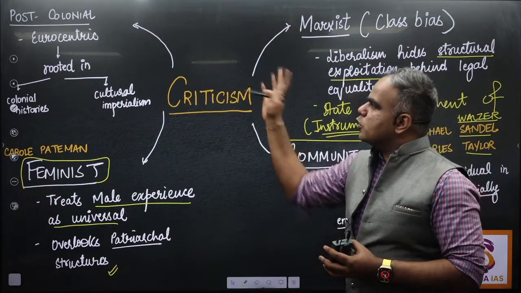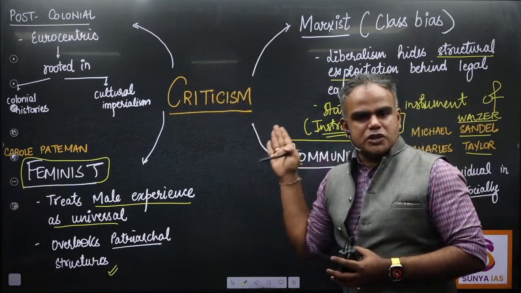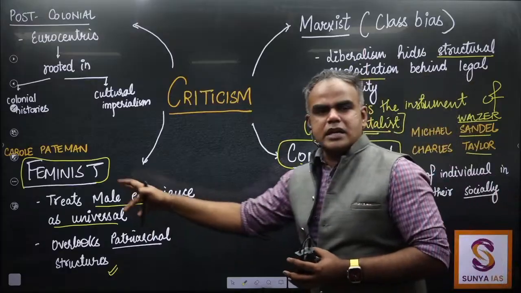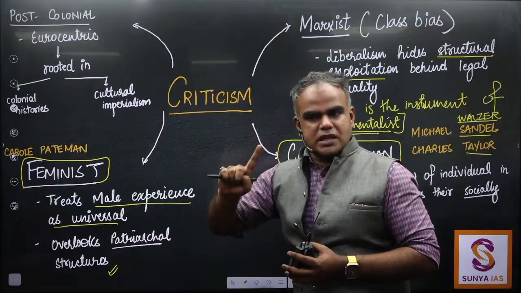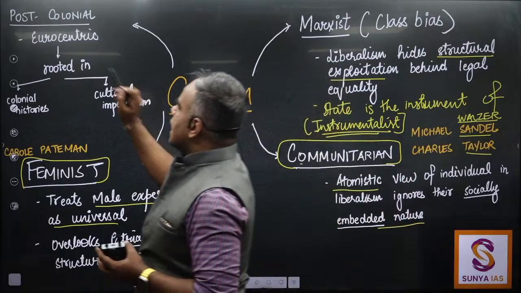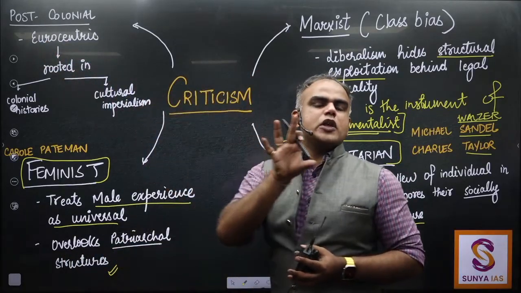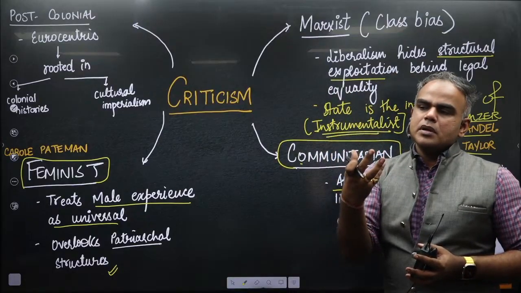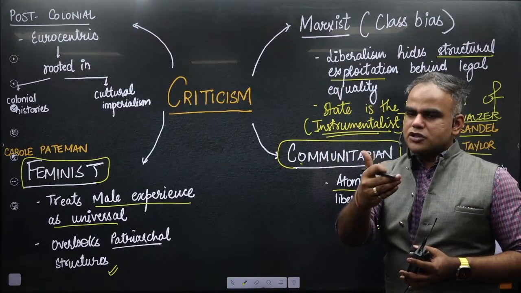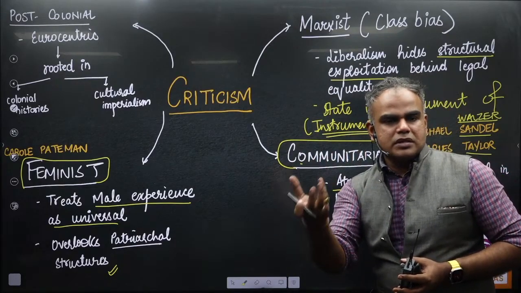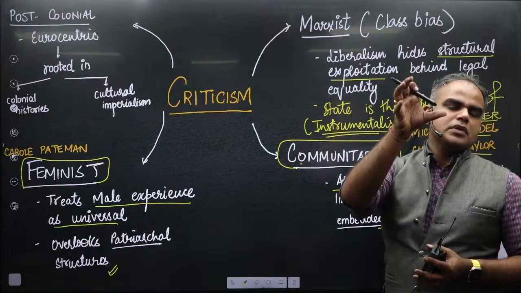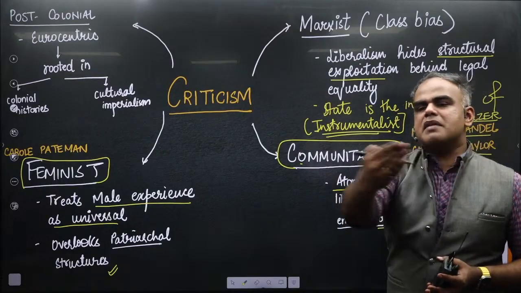If you notice what I'm doing here, whatever other theories of state were mentioned, I'm critiquing liberal theory through them. Even the post-colonial theory of state is mentioned in the syllabus. Post-colonial theories came almost after decolonization, after World War II. When those new states had come, they saw that liberal theory simply says it is applicable everywhere.